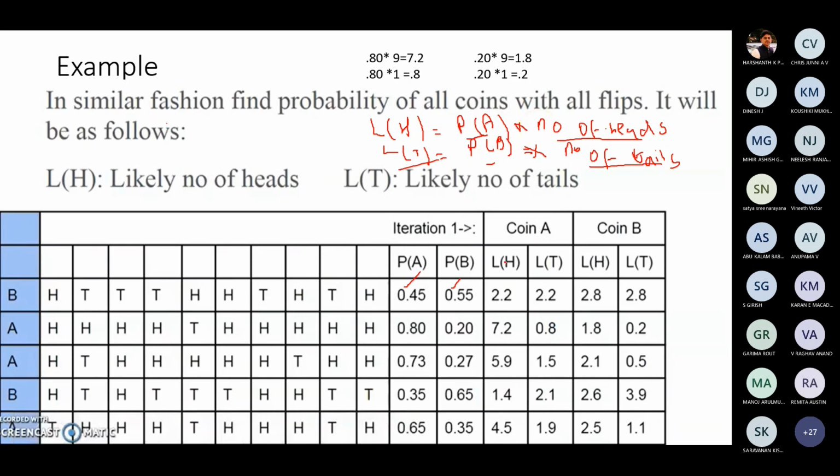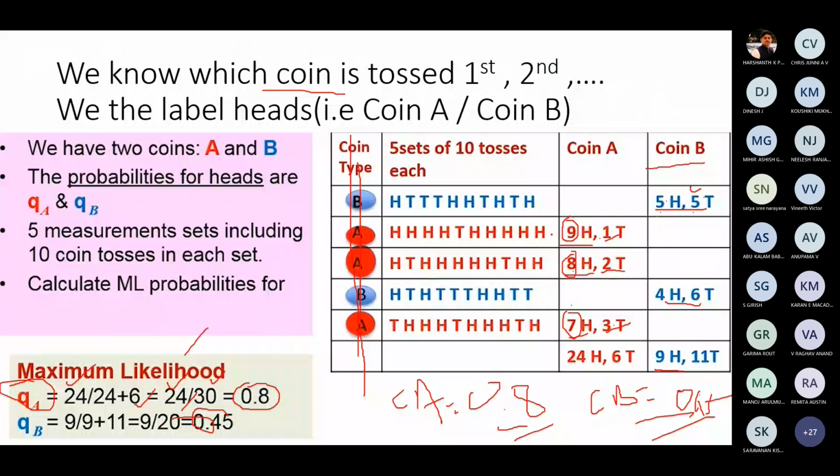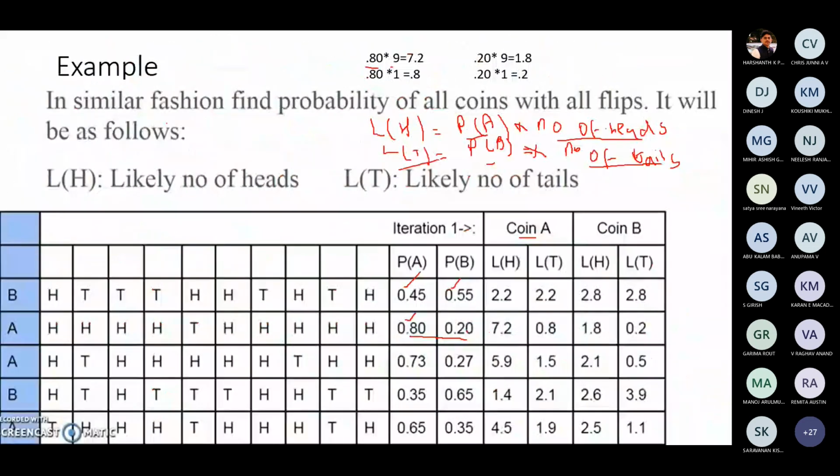Say for example, 0.80 into coin A heads, which is 9, and one tail. So 0.80 into 9 equals 7.2.